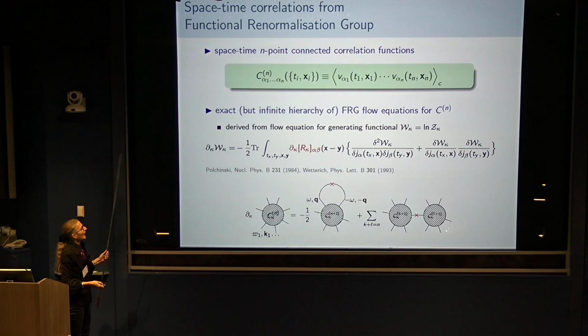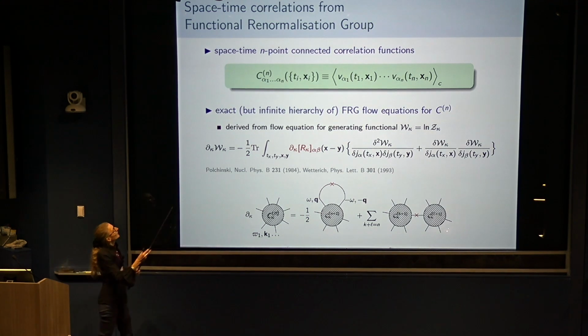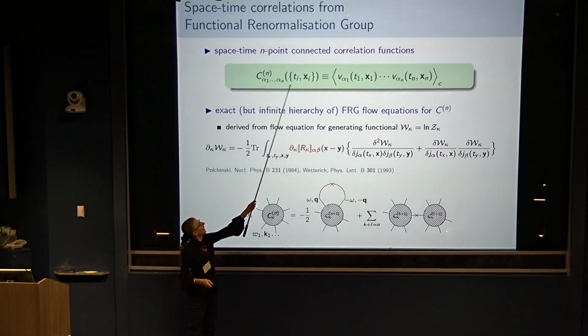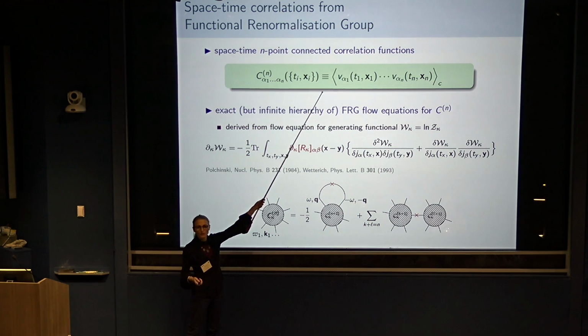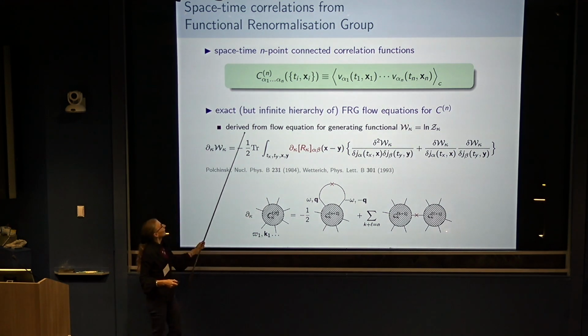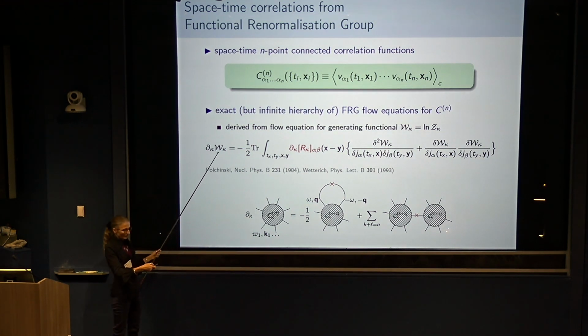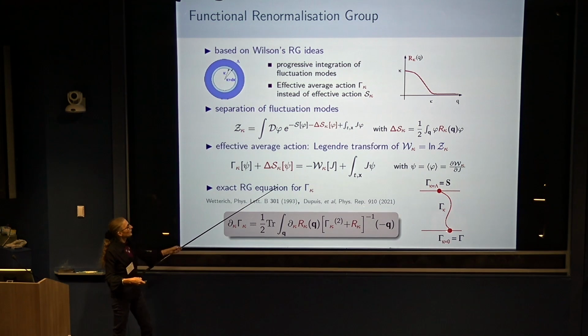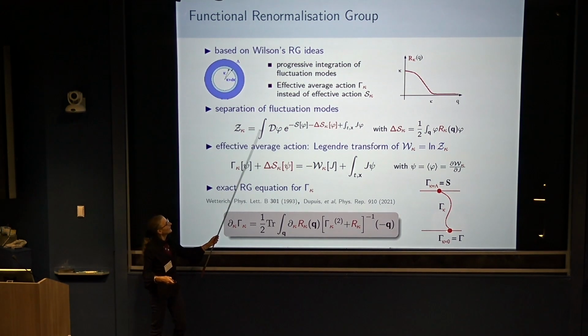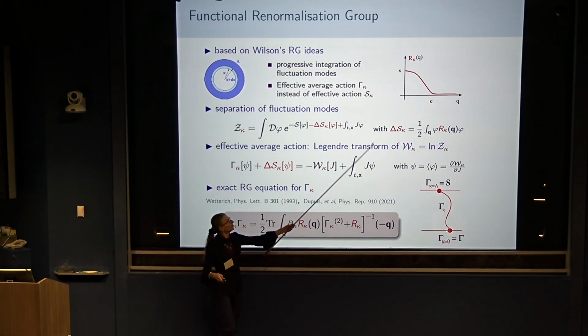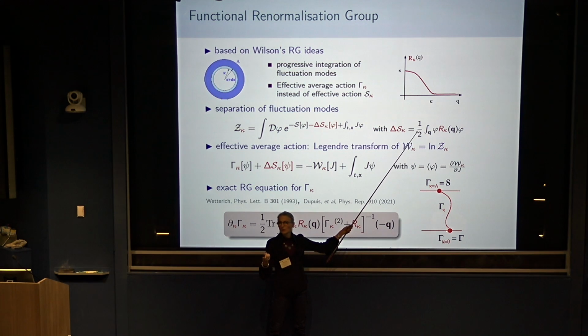Okay, and remember that the objects we are after are the n-point correlation functions. And these correlations can be obtained from this equation just by taking functional derivatives with respect to this. You see the log Z, in probability, would be your characteristic function, right? So if you take derivatives, you can generate all the moments. So this is the same thing.